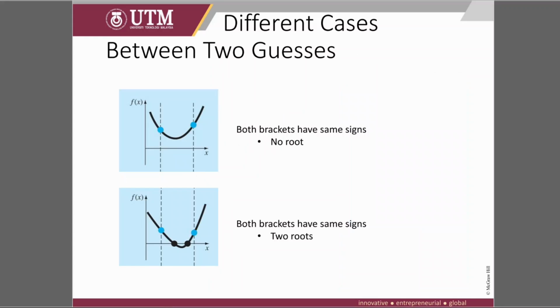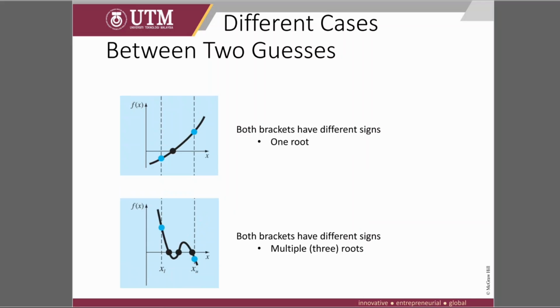If both are positive signs, for example, there's no root. Both are positive, so there's a possibility of an even number of roots, 2 roots here. So this one has no root, this one has 2 roots.